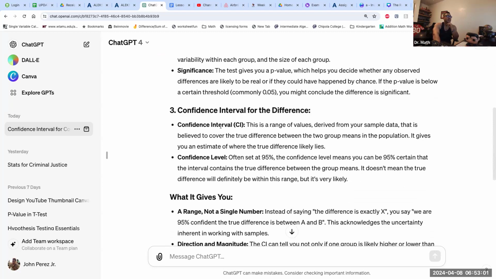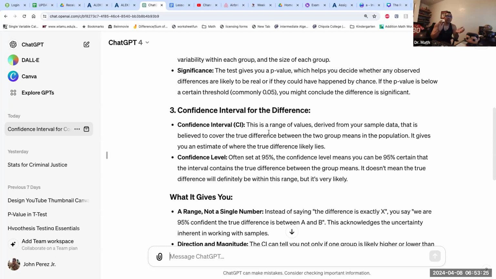All right. The confidence interval, which we'll abbreviate CI, is the range of values derived from sample data that is believed to cover the true difference. So they're going to say the true difference between these two groups of the population is going to be from this number to this number.